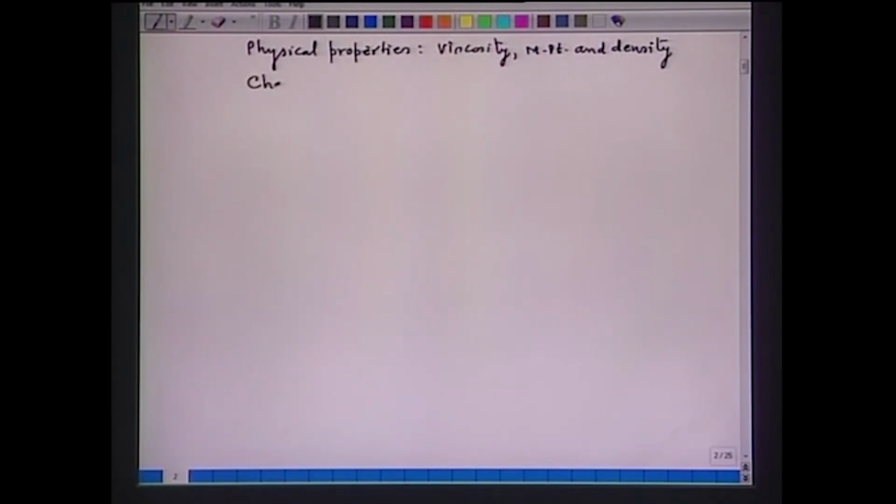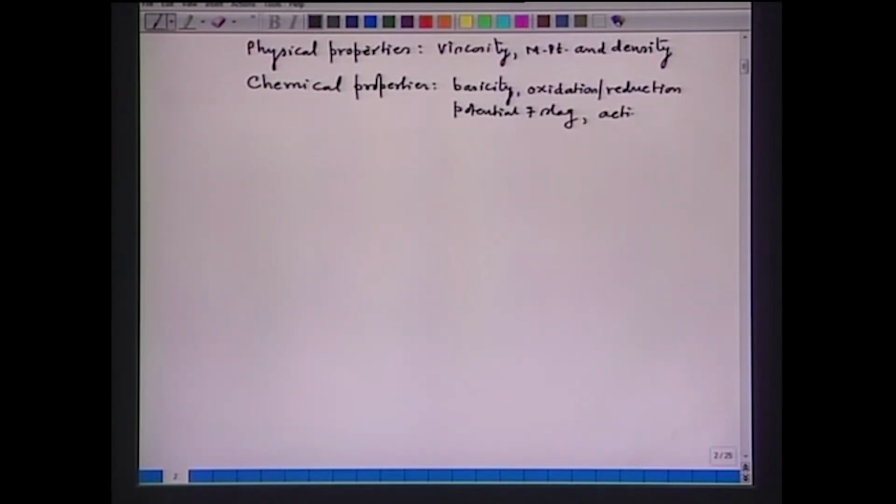Among chemical properties, basicity, oxidation reduction potential of slag, and activity of components of slag.